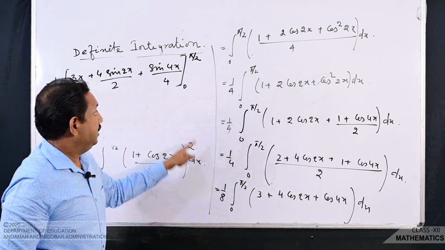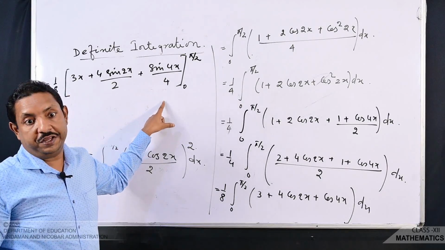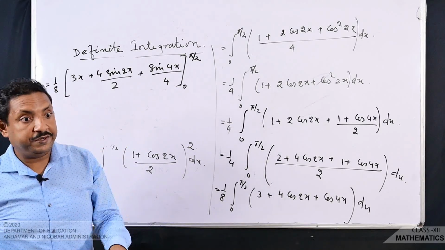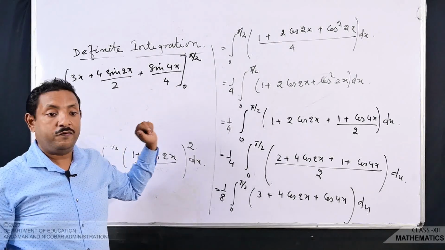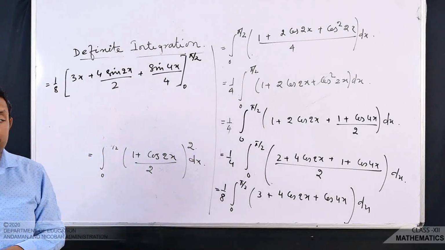Apply the limit here; from here we take the difference for the definite integration. Now, we have to apply the definite integration limits. Before that, up to this point, there is no difference between finding the indefinite integration and the definite integration.